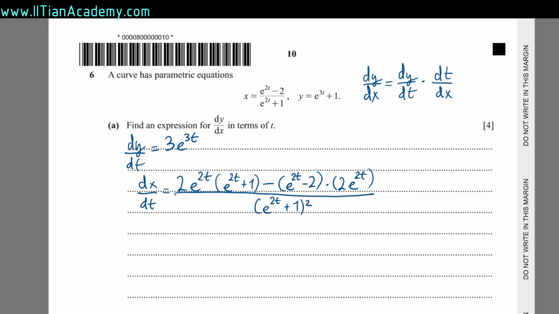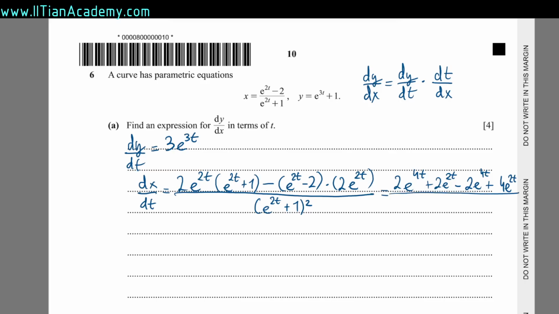Just like this. And then we need to see if we can cancel something out over here. If I expand this top, I'm going to have 2 times e to the 4t plus 2 times e to the 2t, and then minus 2 times e to the 4t, and then plus 4 times e to the 2t.